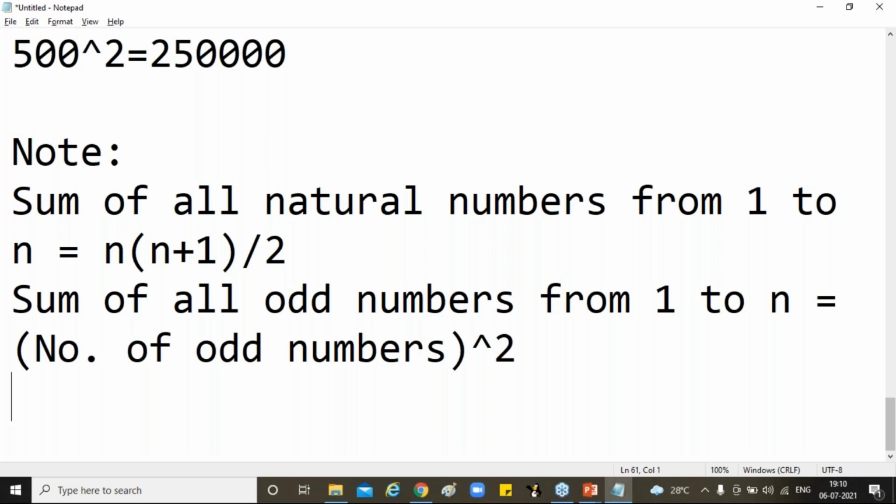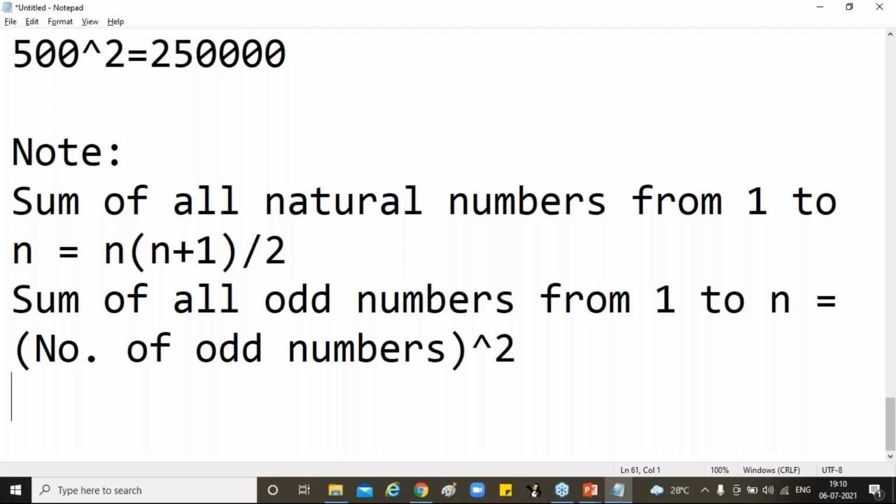So please understand, don't memorize the formulas, don't write the formulas blindly. I will give a clear example for you to understand the formula also.